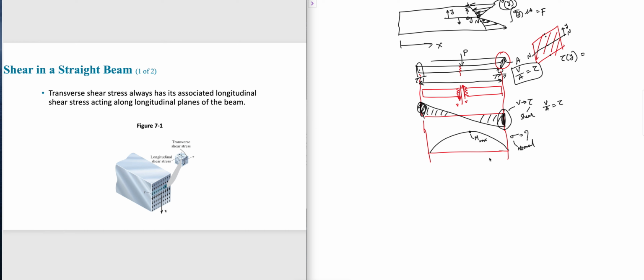Shear stress is a function of y. And who told you that the cross section will always be rectangular? It can be circular, it can be elliptical, it can be looking like an I, one of the most famous cross sections.